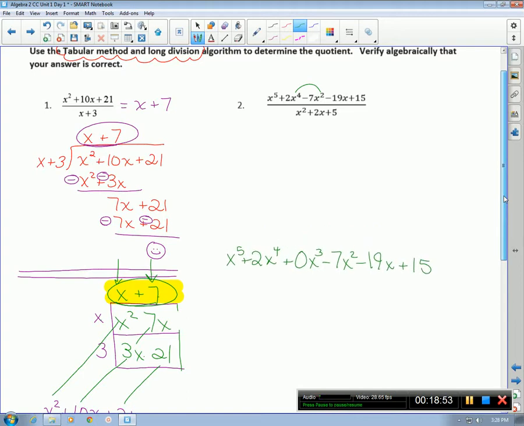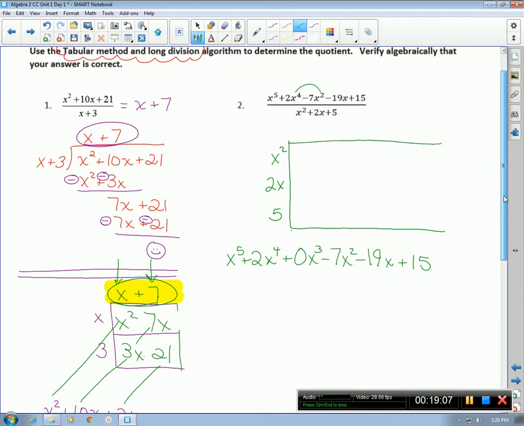Okay, pull this down a little bit. And my x squared and positive 2x and positive 5 go along the side. And we are using the tabular method to figure out this quotient.